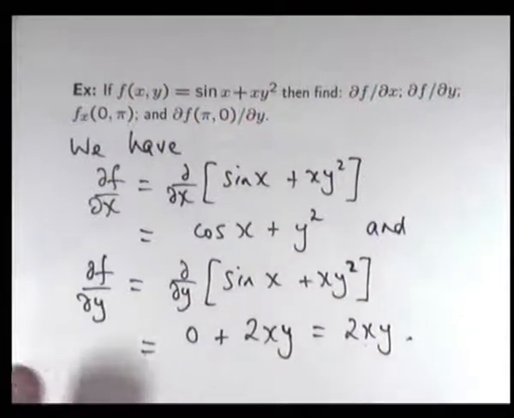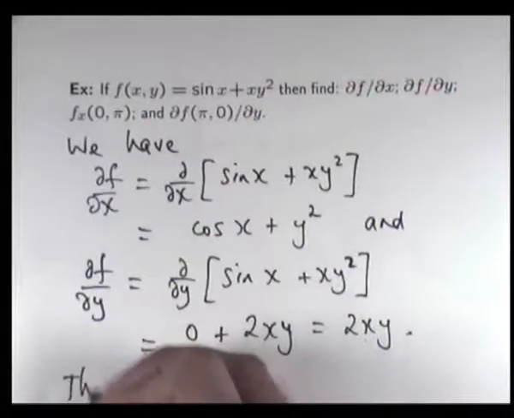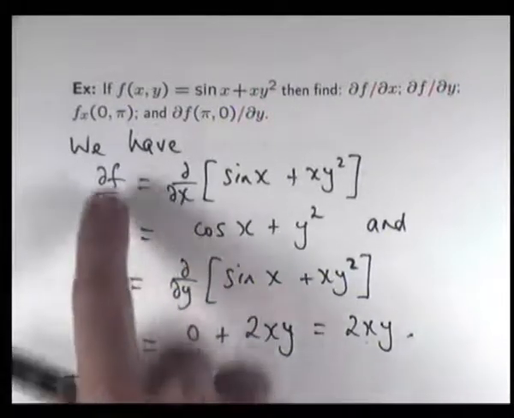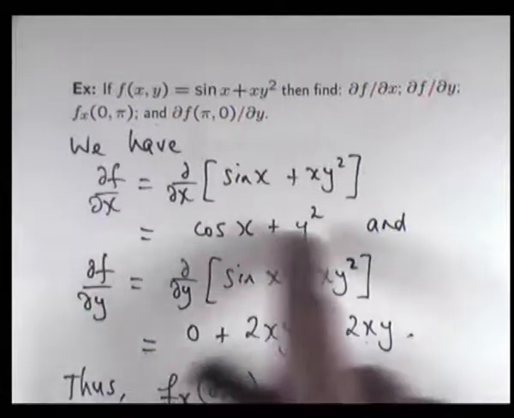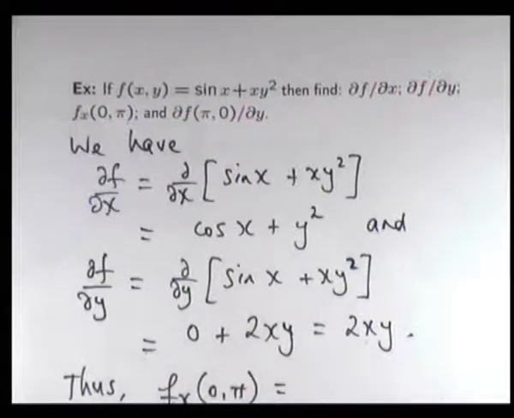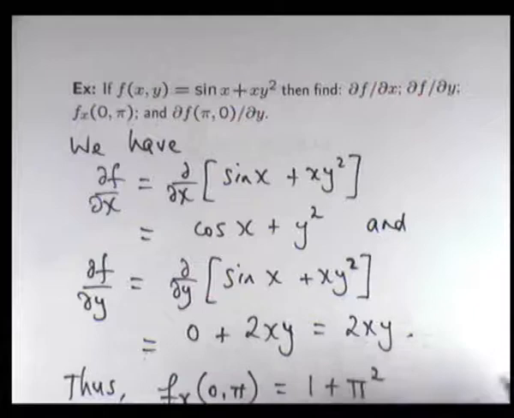All right, so let's calculate the value of these derivatives at these given points. So we go up to our partial derivative and substitute in x equals 0 and y equals pi. And we're going to get cos of 0 plus pi squared, which is just 1 plus pi squared.